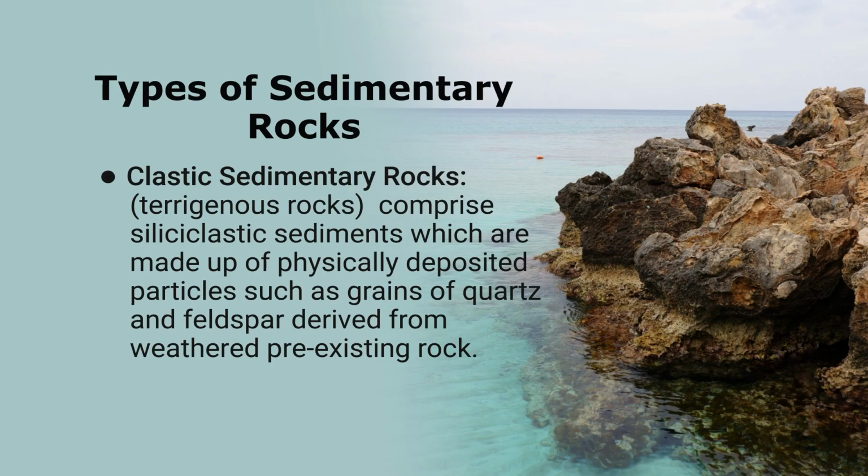Now, let us come to the clastic sedimentary rocks. They are also called terrigenous rocks. Now, these comprise siliciclastic sediments which are made up of physically deposited particles such as grains of quartz and feldspar derived from pre-existing rock. So, these are nothing but the mechanical breakdown which has occurred.